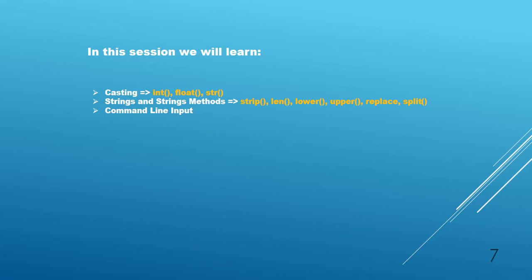And about the strings and string methods, there are some methods for strings in Python which are very helpful. We can use them like strip, len, lower, upper, replace or split. And finally we will learn about command line input.